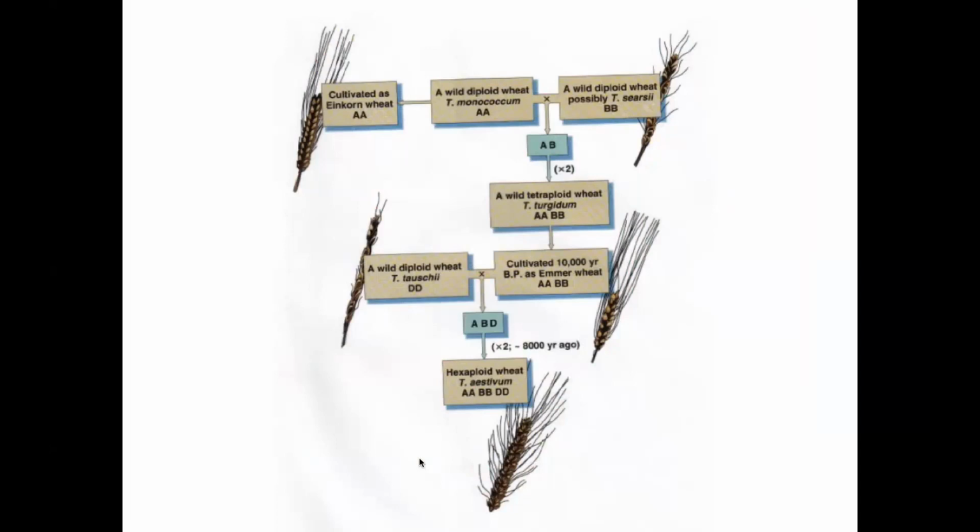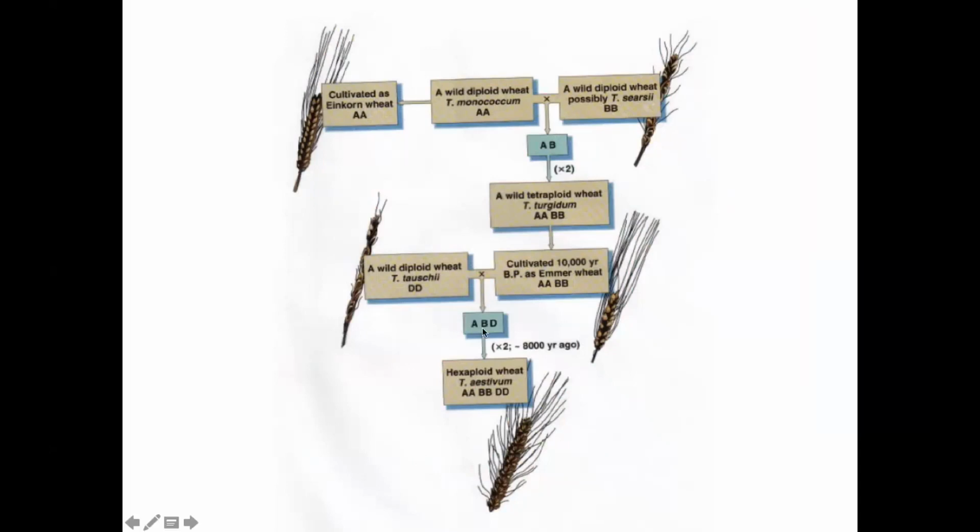Okay. So again, initially there was little, if any, human intervention in terms of the generation of modern day wheat, which is an allopolyploid derivative of original diploid species of wheat.